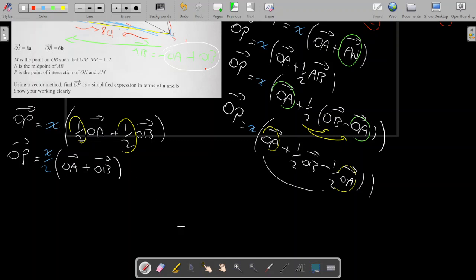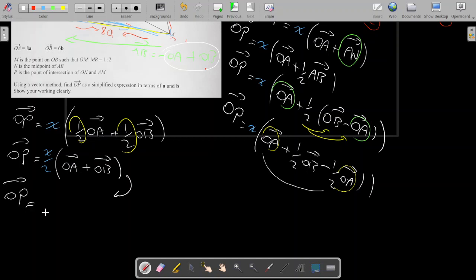Okay, so that is how you can represent this fraction, and you can keep it in this form or you can change it into this form. It's the same thing, because later you're going to try to equalize everything.